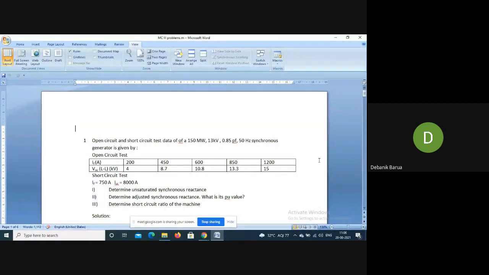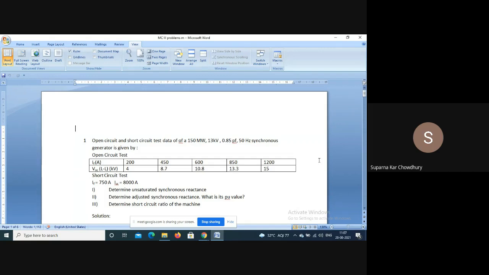So I will just discuss a few problems on whatever we have discussed till now before going to a new theory portion. Now the first one, these are all based on the cylindrical rotor theory equivalence in that phasor diagram.